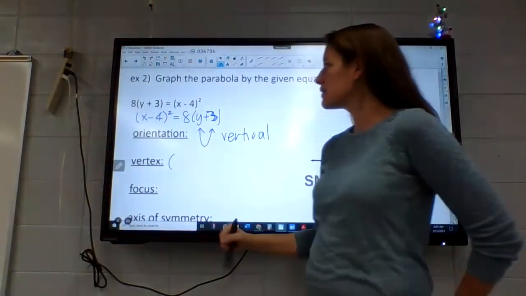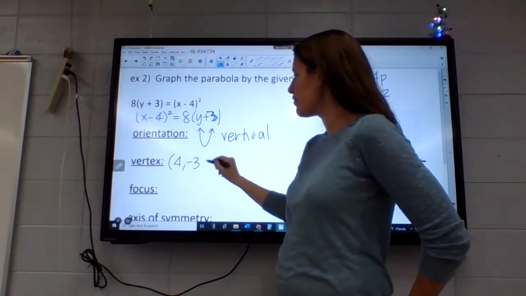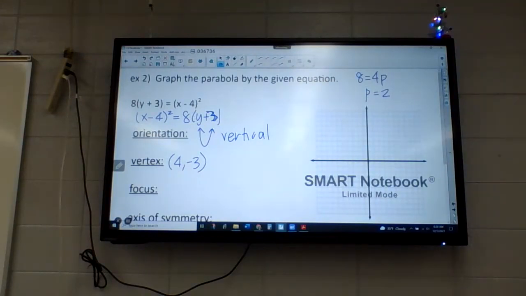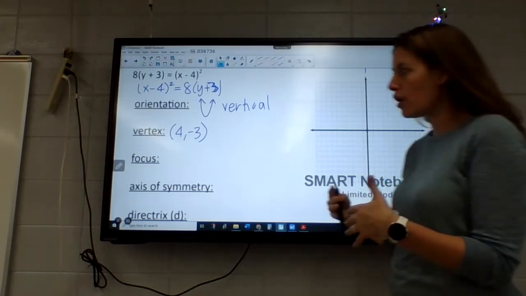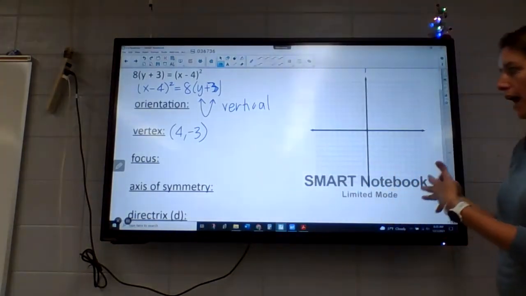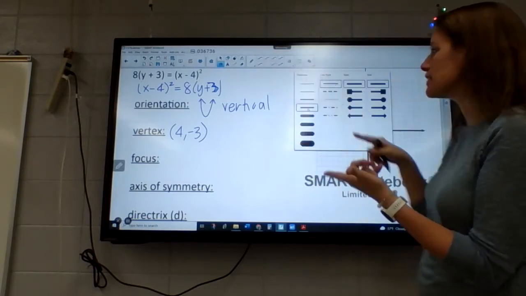Our vertex, again, h and k, so (4, -3). Our focus, now again, feel free to look at your notes, or you can also go to the graph. I think the graph makes more sense to me than just rattling off these formulas.